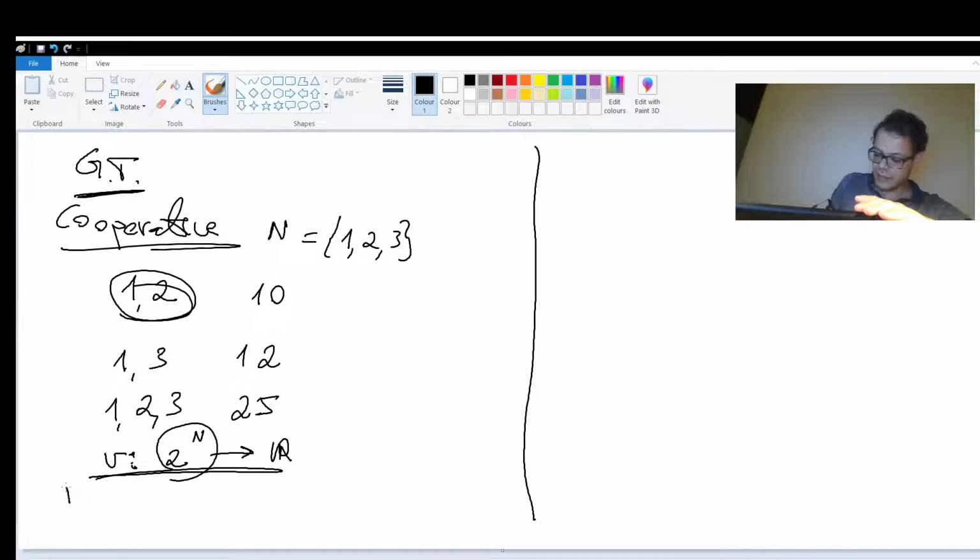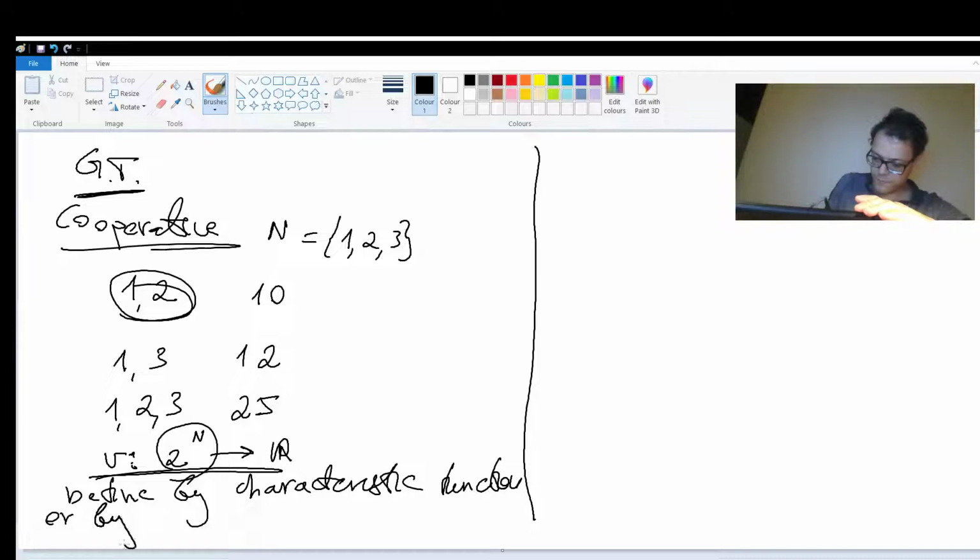We can define them by characteristic function, or these are not the only ways, but let's just name those two, or by rules. So if a certain rule takes place, then you can add 2 more units to the aggregated value which you count. And this was just a way of modeling.